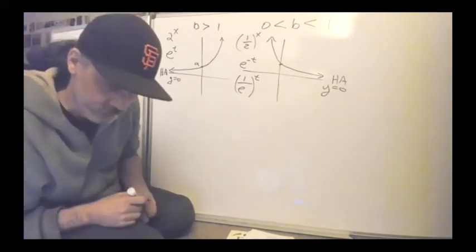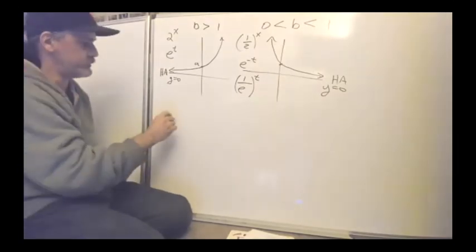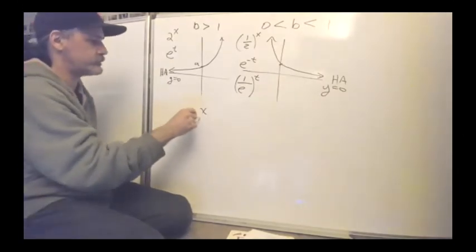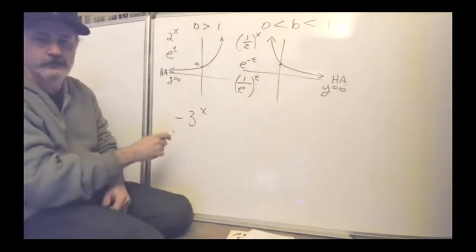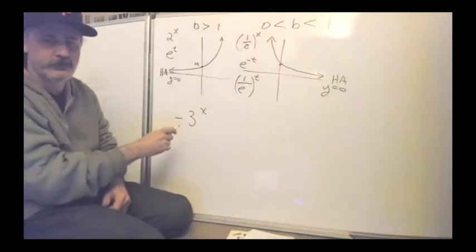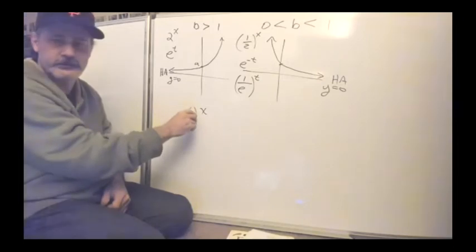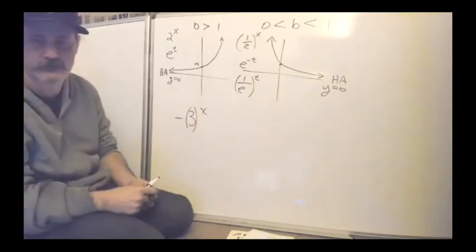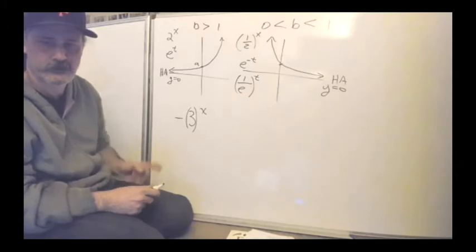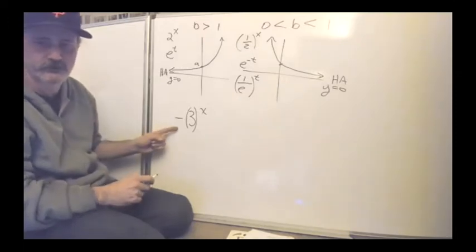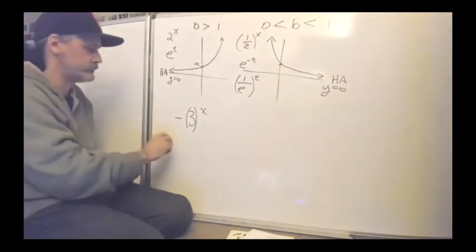All right, well, let's now go ahead and do some transformations. Let's say we had -3 to the x. Now keep in mind, that negative is not part of the 3. You're going to change the sign after you raise 3 to some exponent. All right, so this would be a reflection across the x.